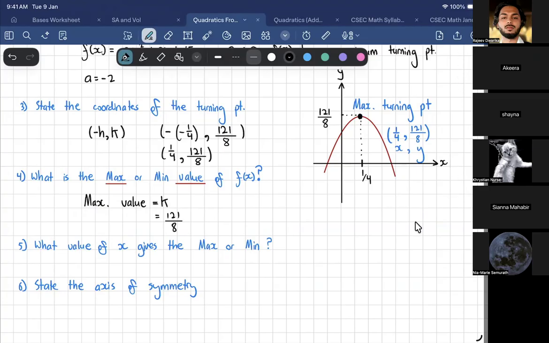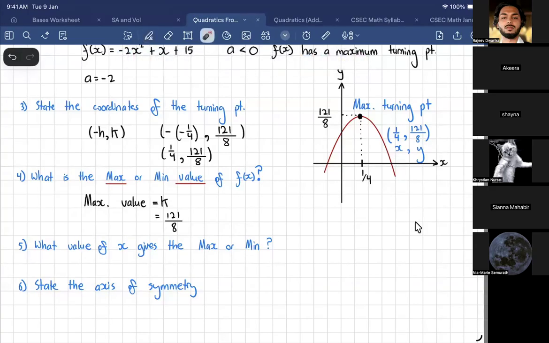Akira, help me with question 5. What value of x gives the max or minimum? 1/4. Yes. Akira, let's examine that question. It says what value of x would give the maximum or minimum.